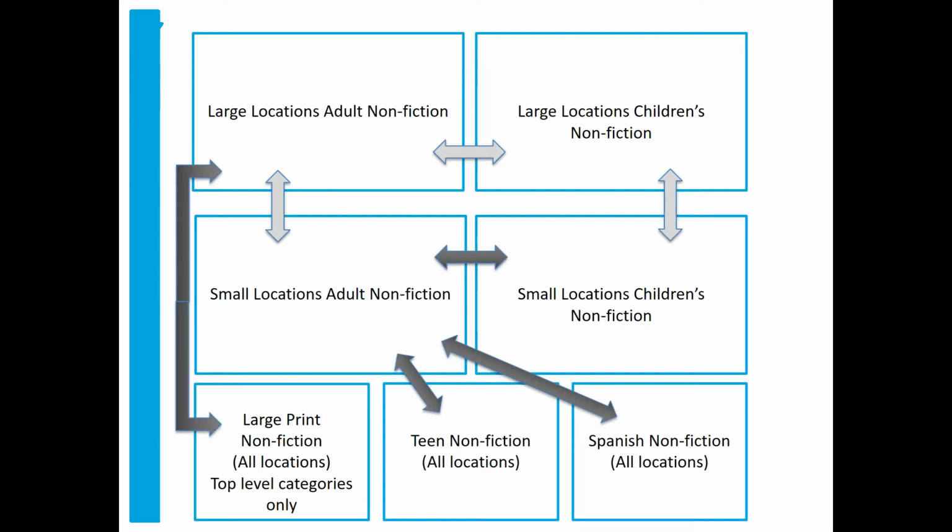So the light arrows on this scheme are places where the collections are very closely related. They're in the same locations or they cover the same level of material.